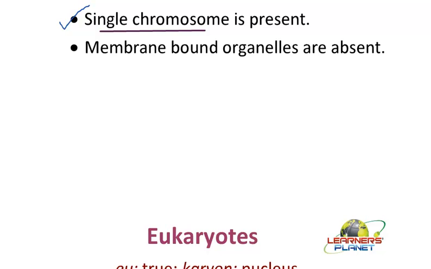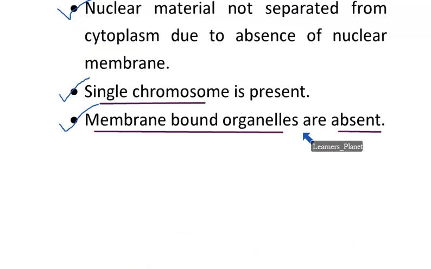The next important characteristic is that membrane bound organelles are always absent in prokaryotic cells. What do you mean by this point? First of all, just memorize one thing again. What do you mean by organelles? What is the definition of an organelle? Organelles are the small sections of the cell which perform various functions.